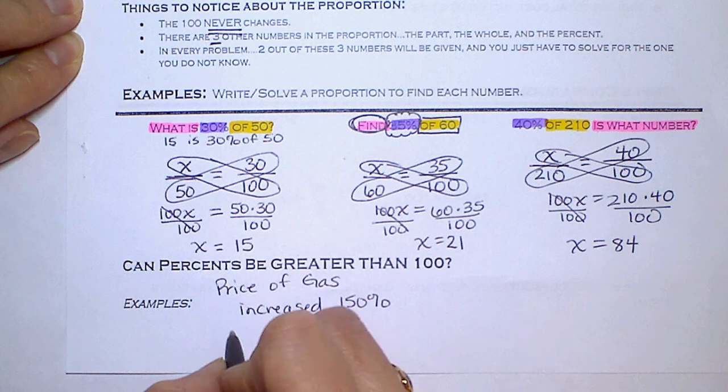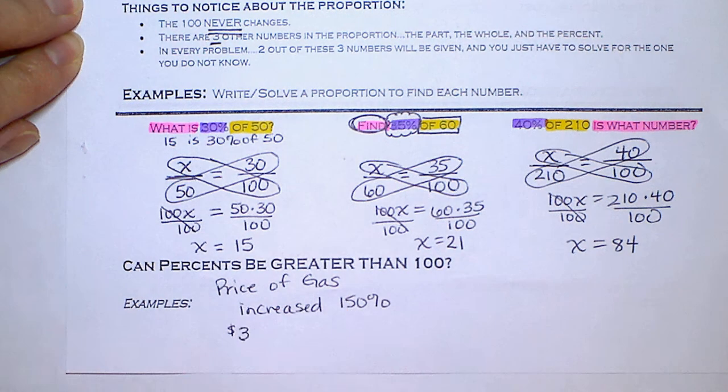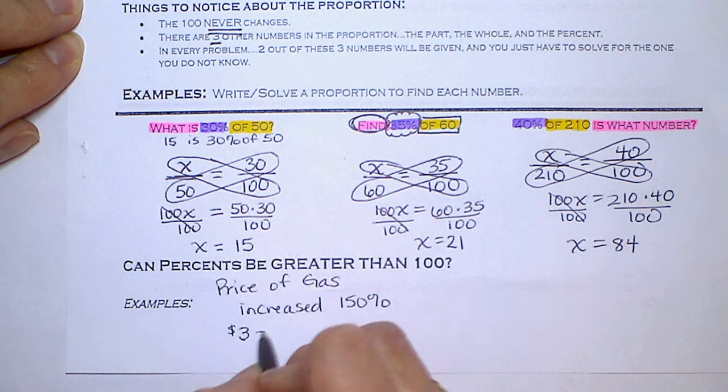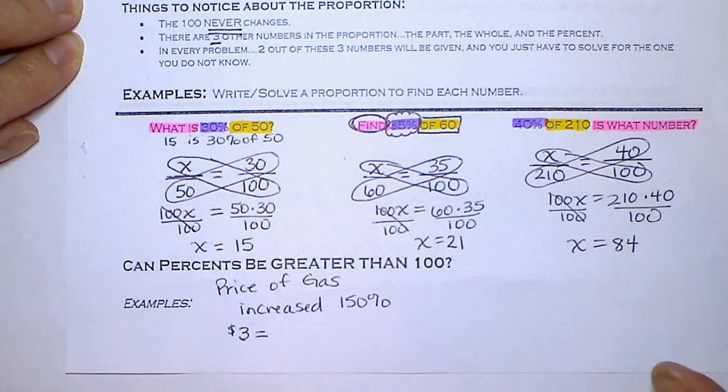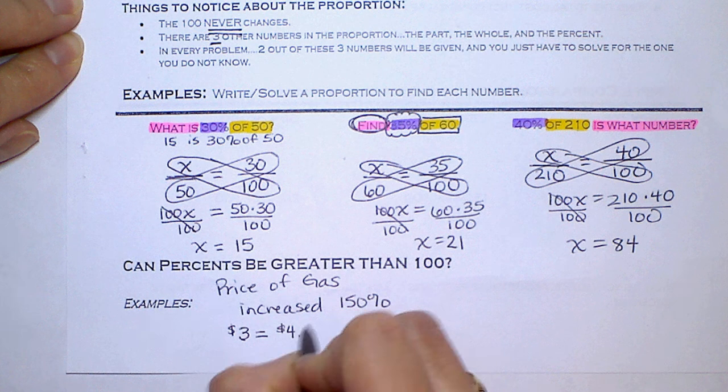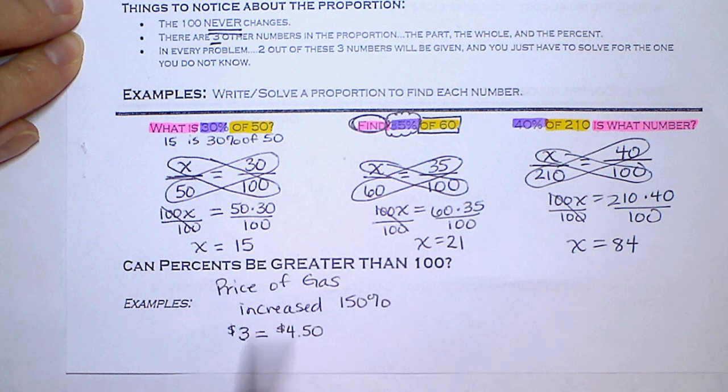So if gas started out at $3 a gallon, when $3 increases 150%, we're going to get $4.50. So this has increased, so it's gone up 150%.